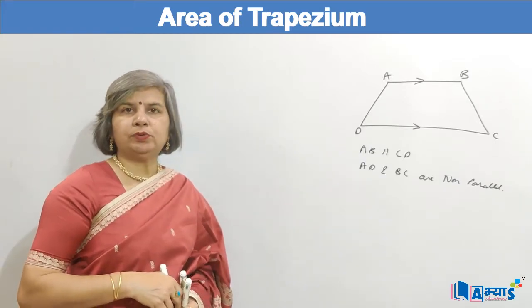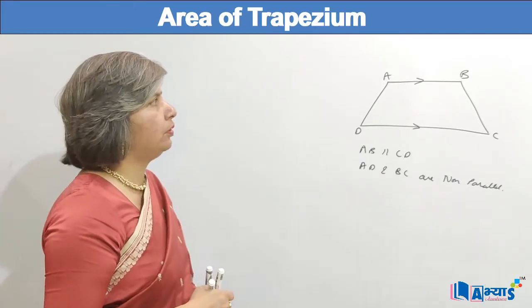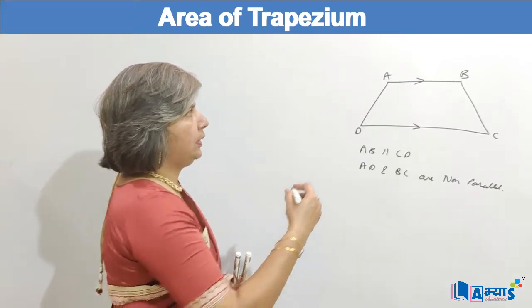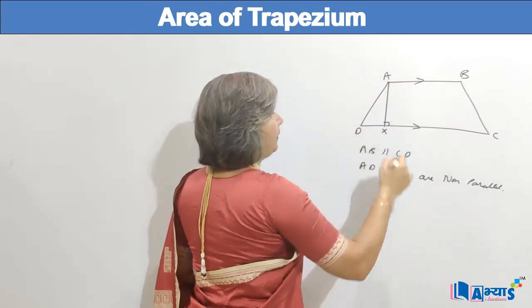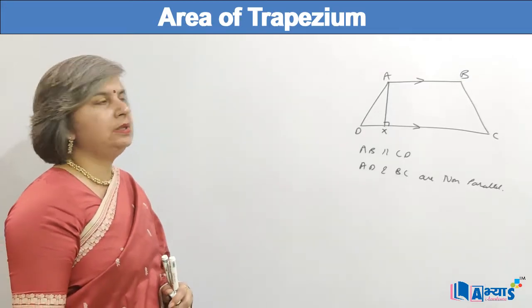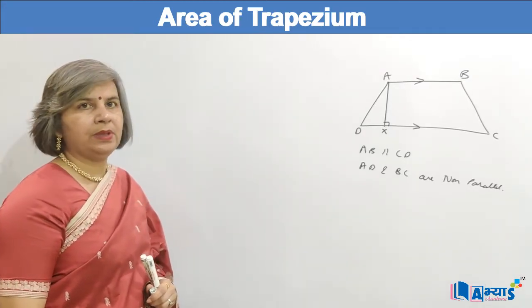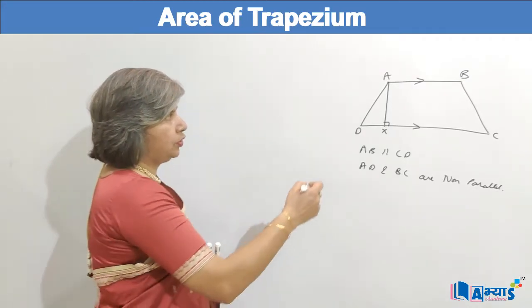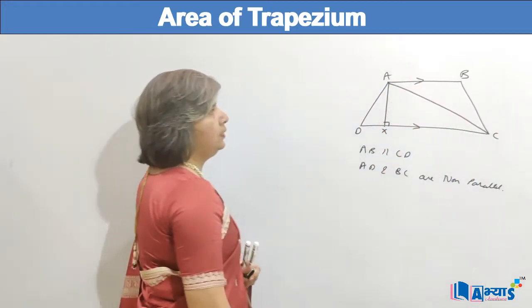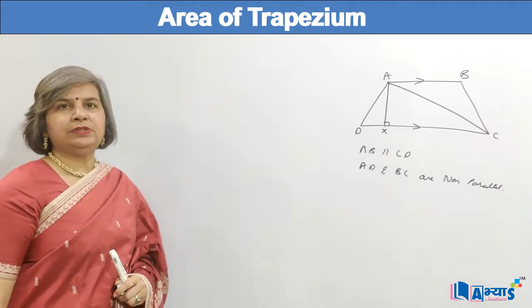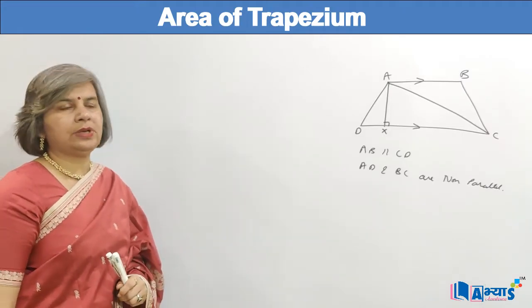Now when we are supposed to find the area of a trapezium, we will take the height of the trapezium, let it be X. We draw a perpendicular to the base CD and the height will be AX. So if we join the diagonal AC, the trapezium has been divided into two triangles.